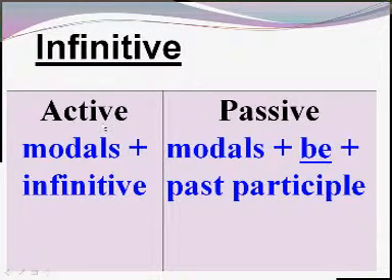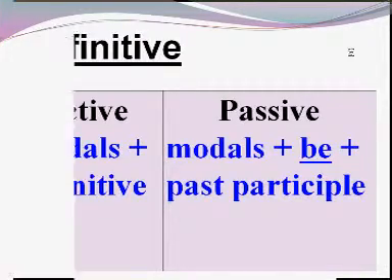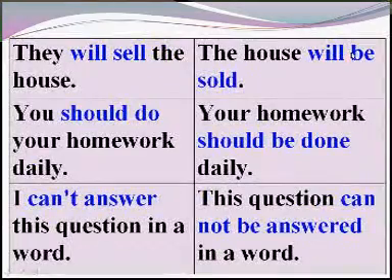If in the active form of the sentence we have modals plus infinitive, in the passive form of the sentence we should form it like this: modals plus be plus past participle. Again, modals plus be plus past participle. The examples, of course, will make that clearer for you.